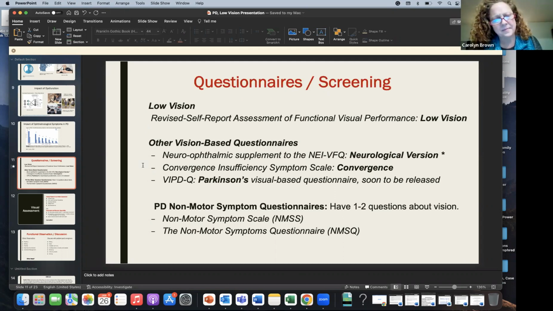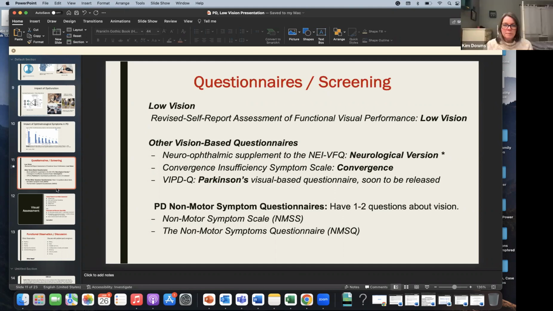And the Convergence Insufficiency Symptom Scale. For the Convergence Insufficiency Symptom Scale, I would use that more for higher functioning people with PD. As they have more cognitive symptoms, in lower functioning people, it can sometimes be hard to weed out what's visual convergence and what's changes in cognition.